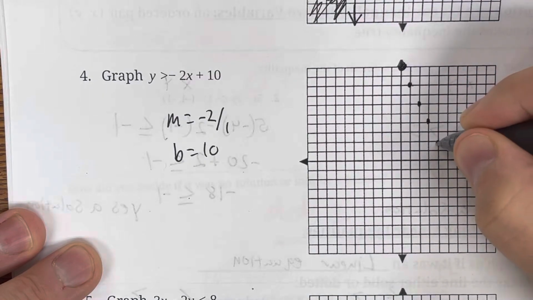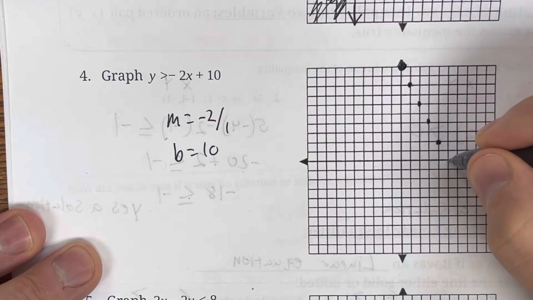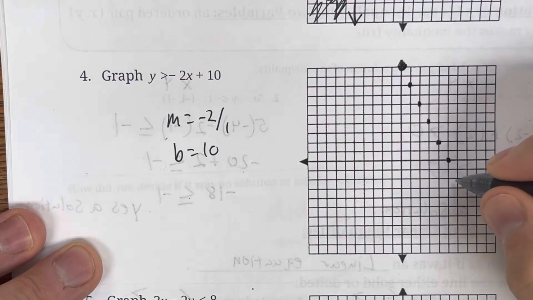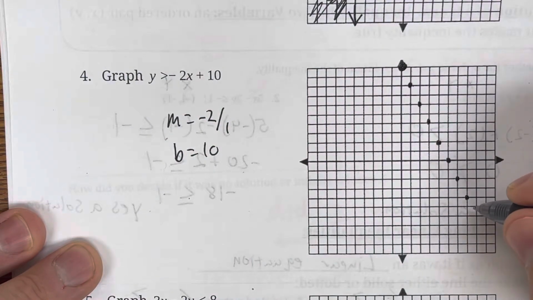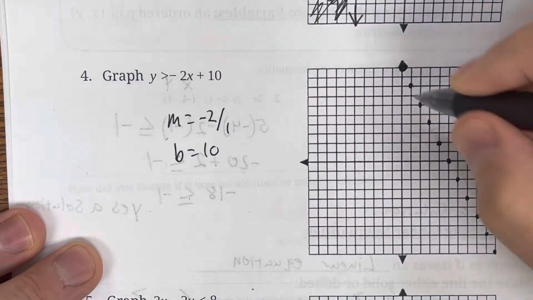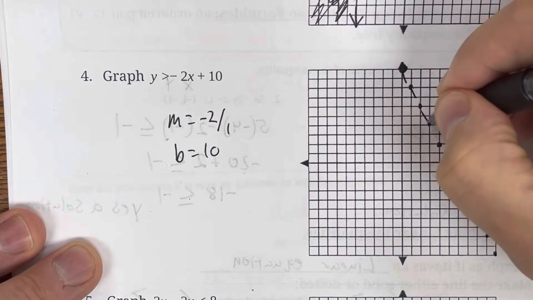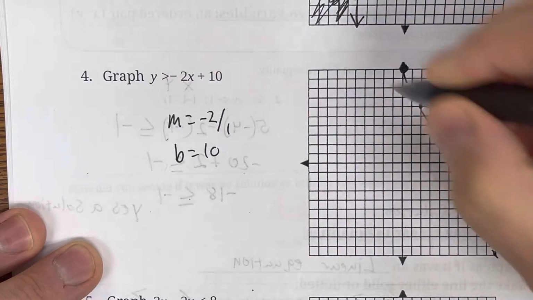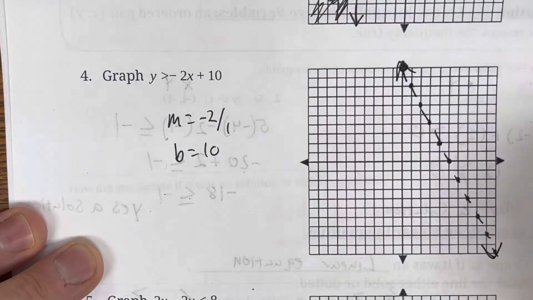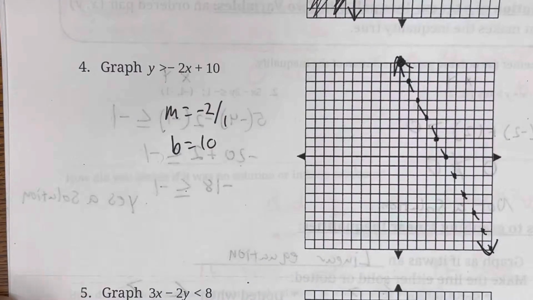Continue that pattern for quite a ways. And this is a dashed line. Since it's a dashed line, I just draw in some dashes here, like so. It is not a solid line because those points are not solutions. Those would make it equal.